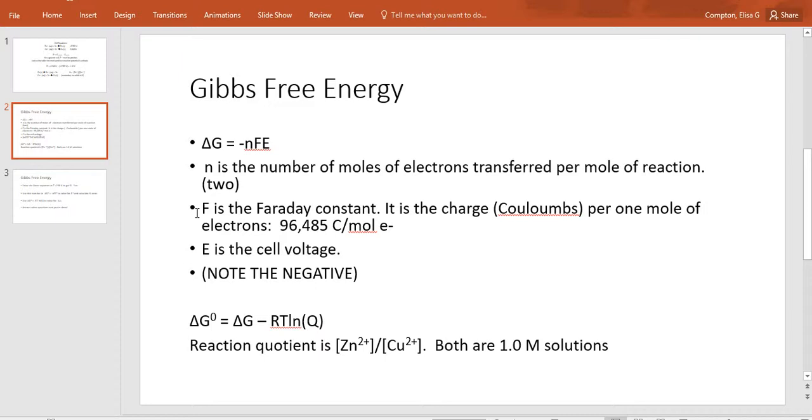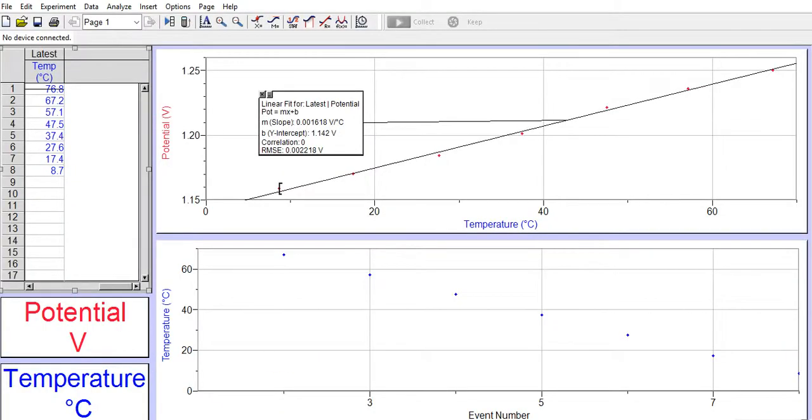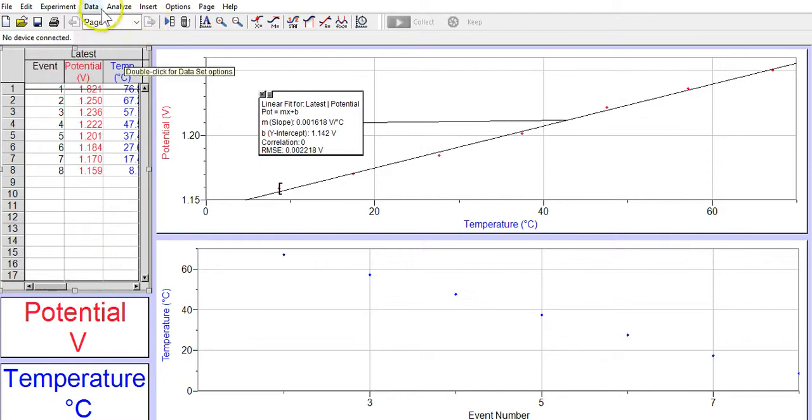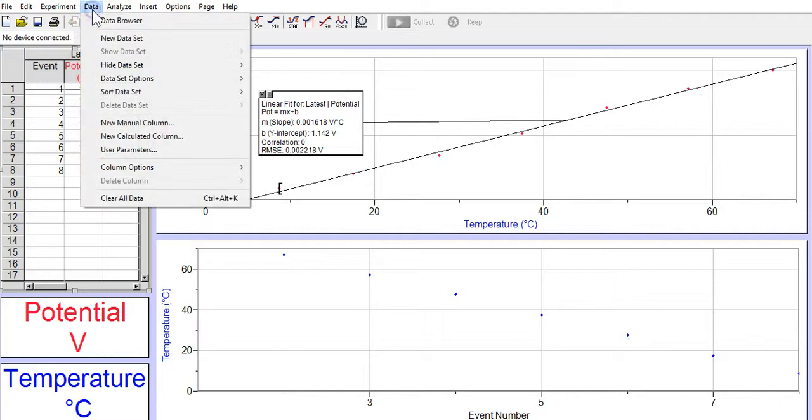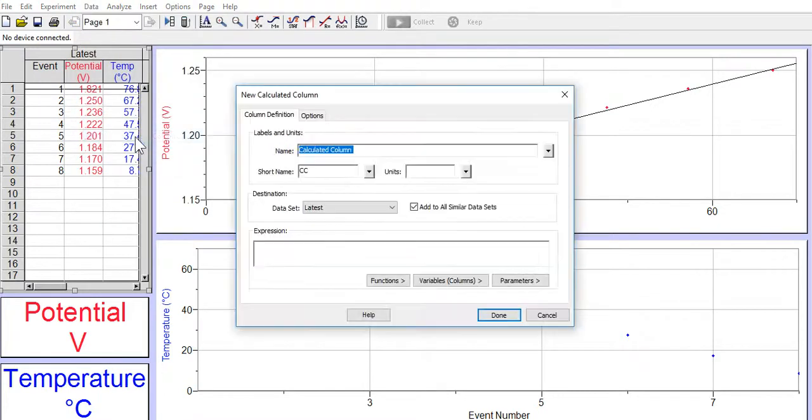So looking at a data set from the lab today, we had a really nice linear data set from a group today. And Logger Pro is good at math, so I'm going to take advantage of that and have it do some calculations. So I'm going to go to Data, and I'm going to get a new calculated column.